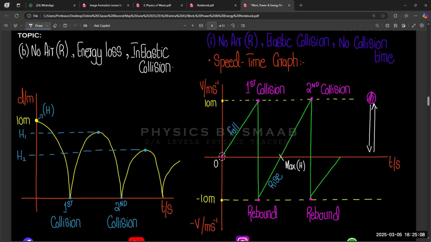Because after the rise of the ball, it reaches the maximum height again. So fall, then rise, and we get the maximum height at the same point. Okay? Any confusion in this?